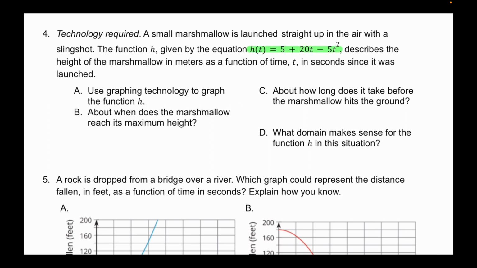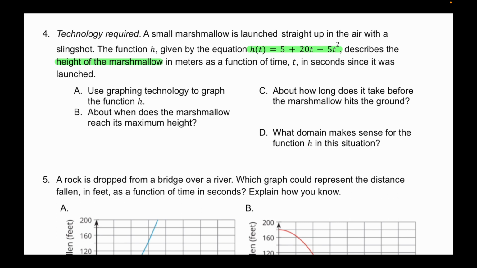This describes the height of the marshmallow, not how far it fell, the height, as a function of time since it was launched. So use graphing technology to graph the function h. That's going to be 5 plus 20t minus 5t squared. Now I'm going to pull up Desmos and graph this to answer some of these questions.